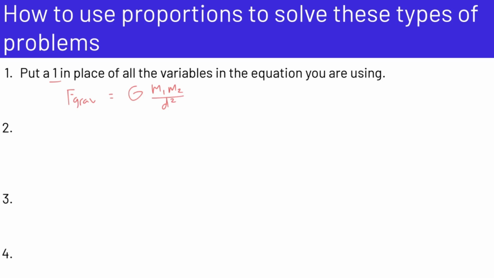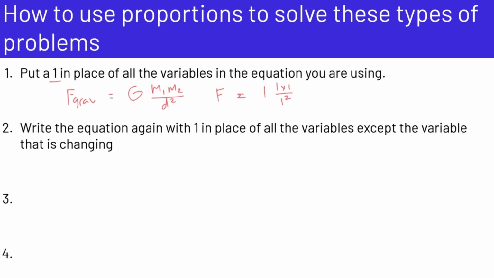So to find the proportion using this equation, we would say that F is equal to 1 times 1 times 1 over 1 squared. That's the first step.